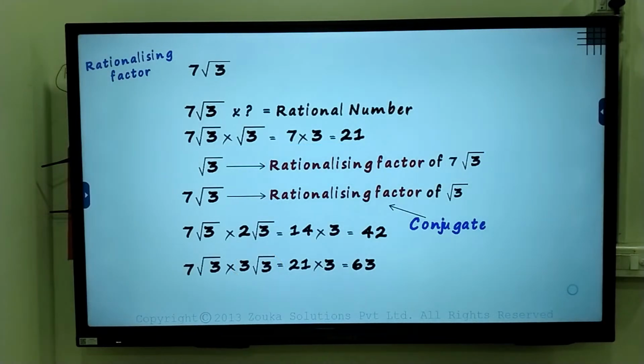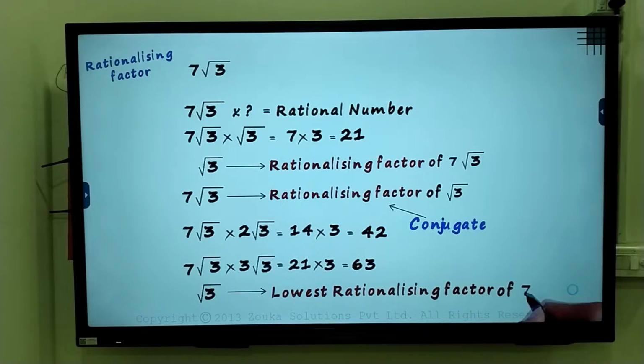It means that an irrational number has infinite rationalizing factors. So we can say that root 3 is the lowest positive rationalizing factor of 7 root 3. If we have 7 root 3 in the denominator, we can use any of these numbers to rationalize it, but it is recommended that we take the lowest positive one. It's pretty simple to find the rationalizing factors of such numbers. We just have to make sure that we get a rational number as the product.